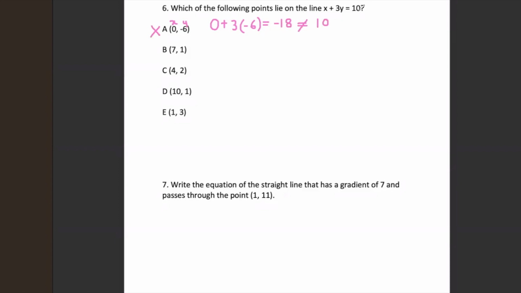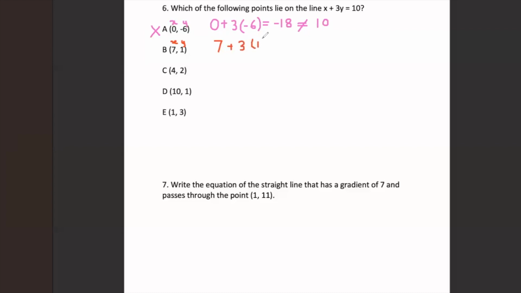Okay, so now let's look at the second point there, B, which has the coordinate x as 7 and y as 1. Let's substitute those values of x and y in the equation. X plus 3y: 7 plus 3 times 1.